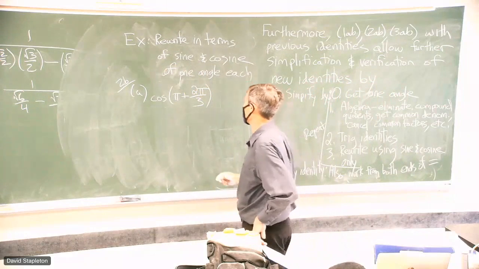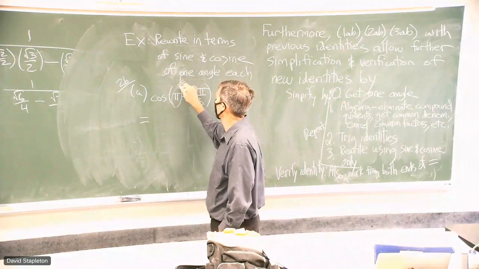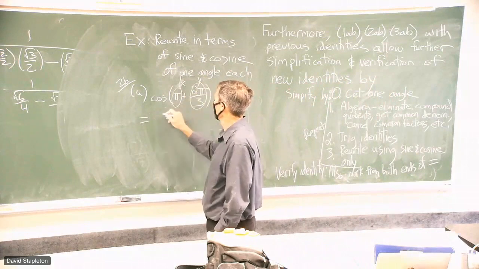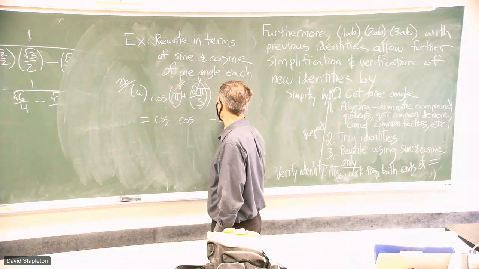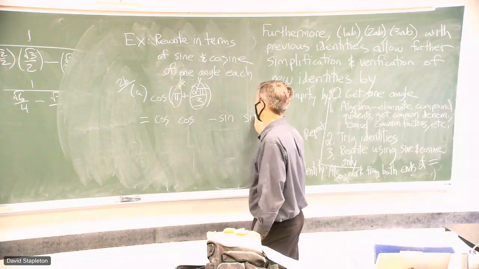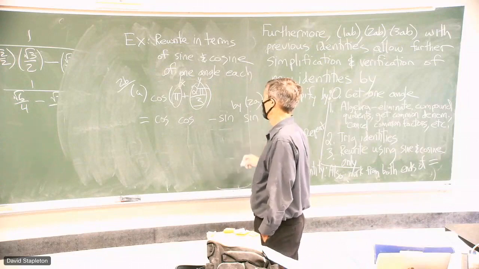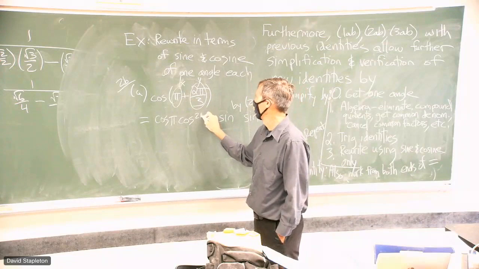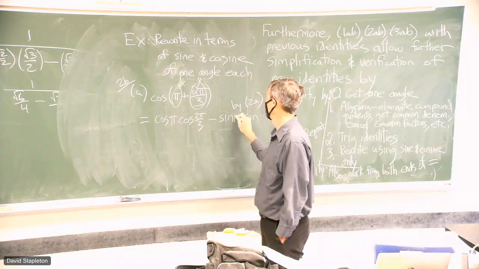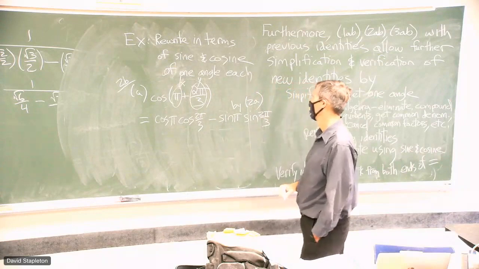What you can do to simplify this is say, oh, by the sum of angles formula, so I just call this x and this y. This is cosine x cosine y minus sine x sine y.